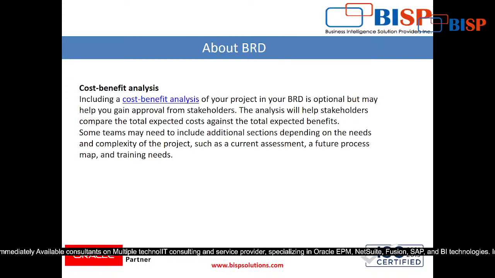For example, I am going to migrate the data from QuickBooks to NetSuite for a company. Now, first of all, I have to design a document in which I have to mention what your current process is and what I am going to offer you. So this is called a business requirement document, right?